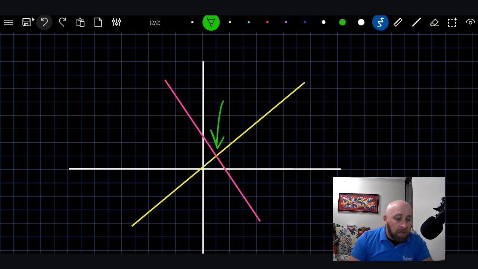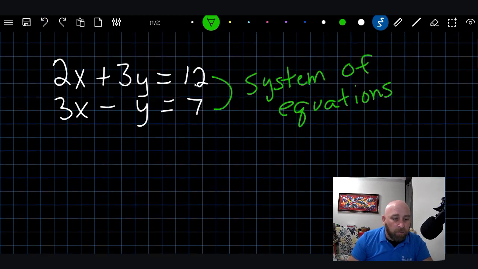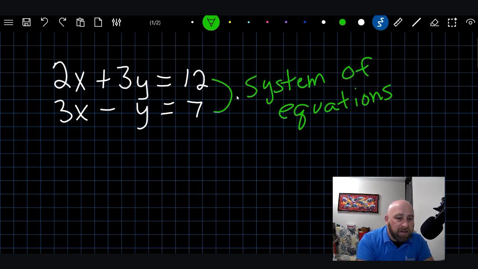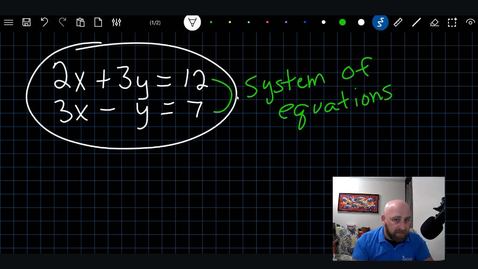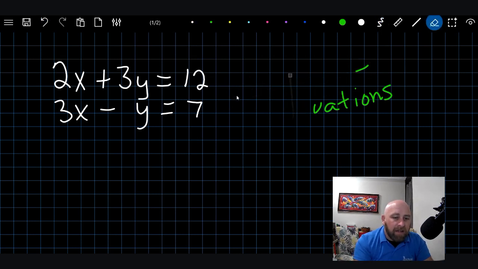All right. If you will, go ahead and look in your book on page 154, and I want to solve this system of equations. Now, we're going to do this one several different times in several different ways. In the first example, they give you this system of equations, and then they ask, are these solutions or are they not solutions?